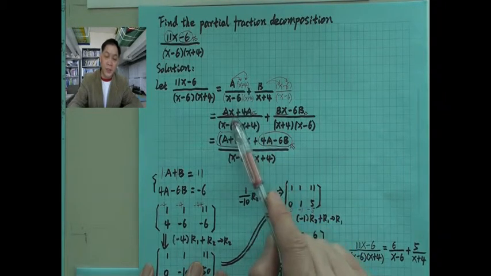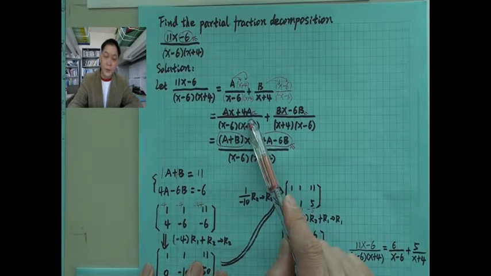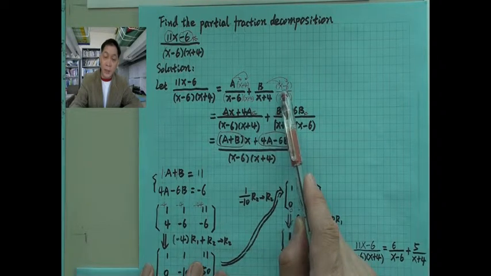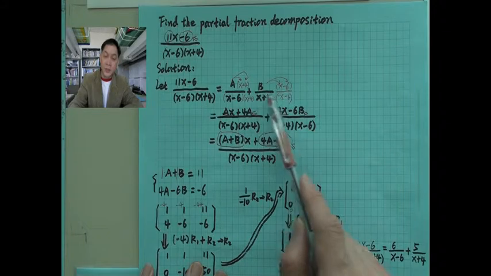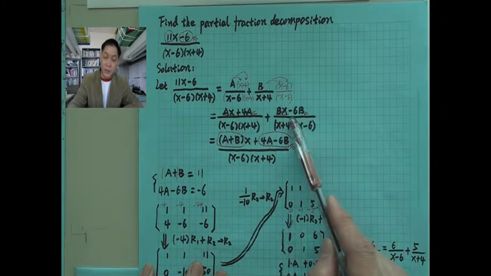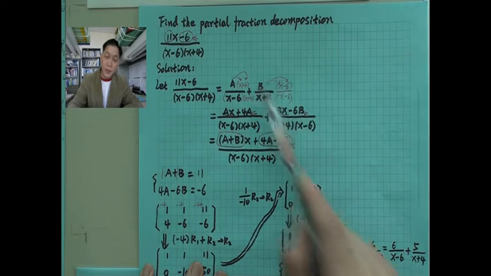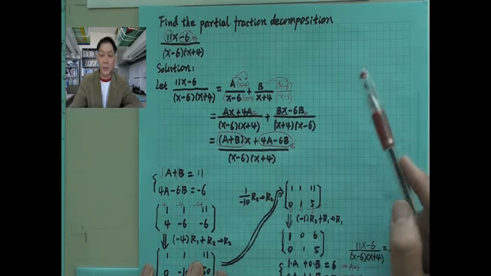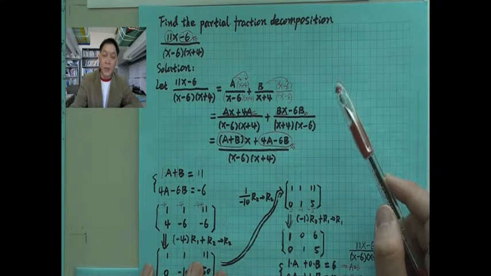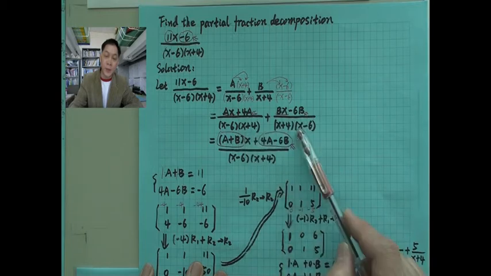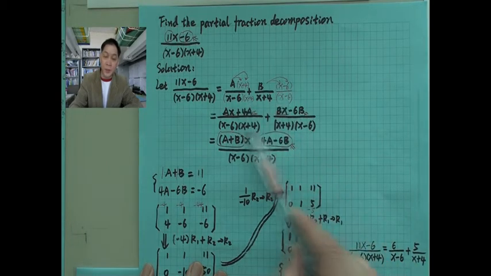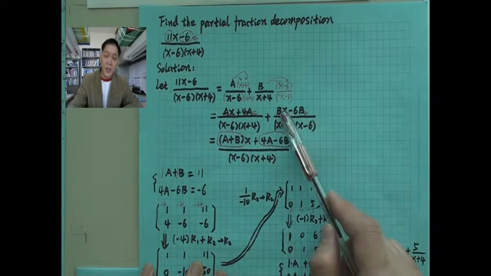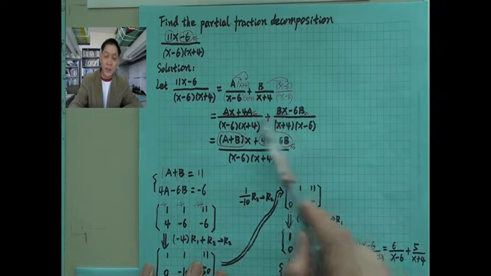Similarly, B times (x - 6): B multiplies x, and B multiplies negative 6, so you have negative 6B, and B times x. Now we are ready to put those together. Because the denominators are the same, we just write one denominator, and upstairs on the numerators we combine like terms.